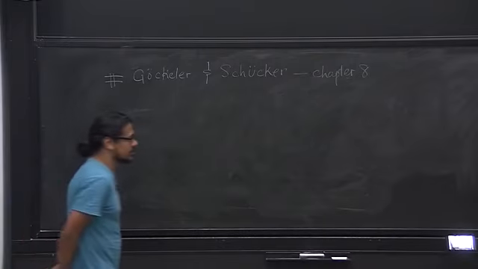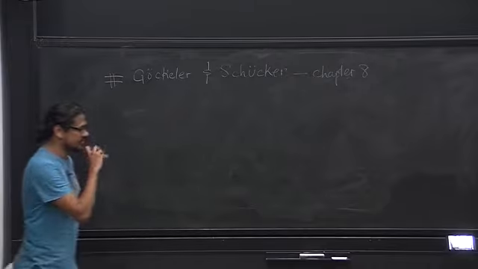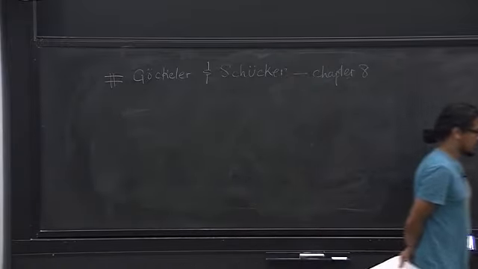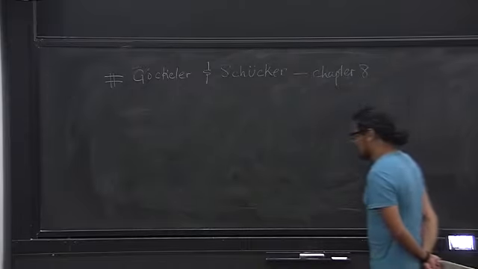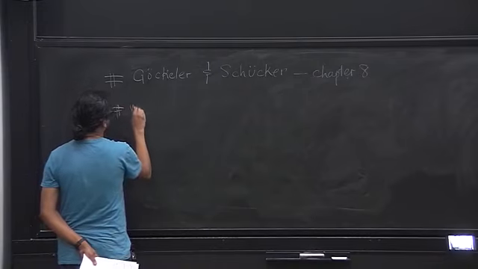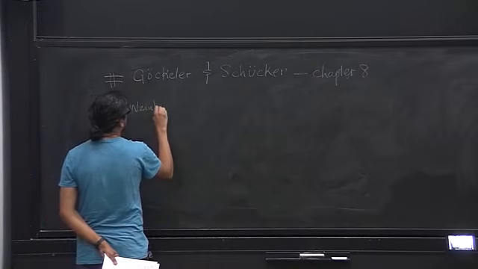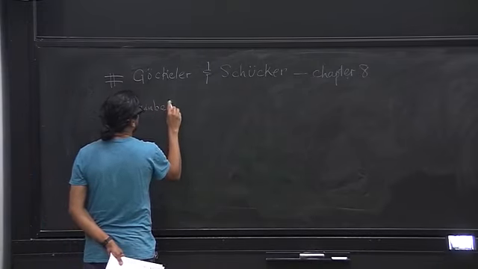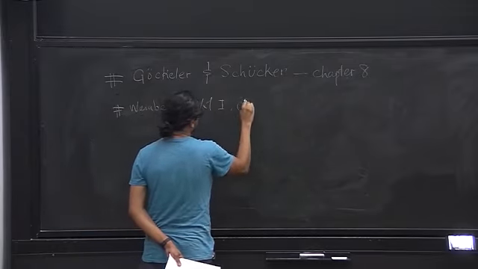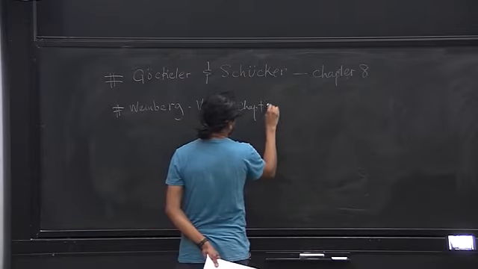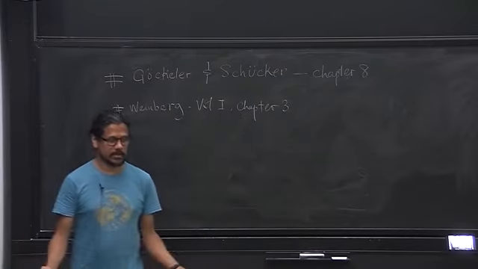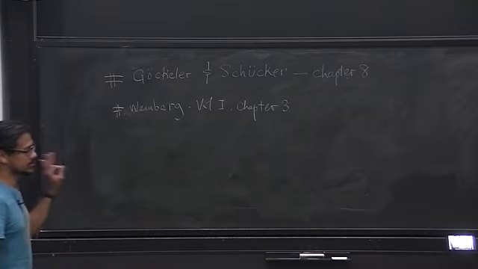If you want to look at a more detailed proof of Wigner's theorem, look into Weinberg, Volume 1, and I think it's chapter 3. So again, I'm not recommending a whole book, but if you're interested in a certain thing, you just go in.